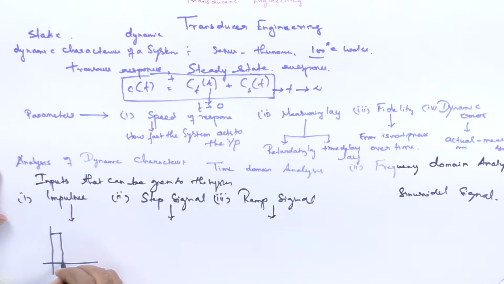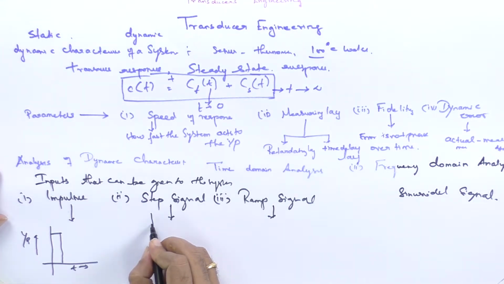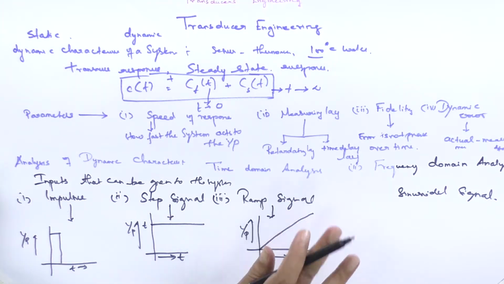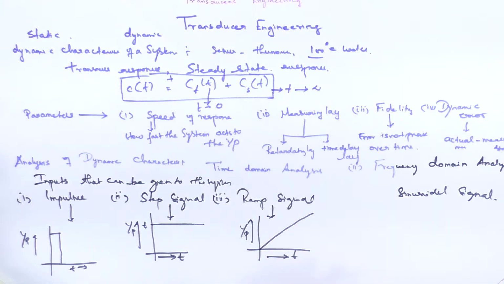This is your step signal with respect to time, the impulse, then this is your step. Okay, so to make time domain analysis happen inside a system, you need three different kinds of inputs: the impulse signal, the step signal and the ramp signal.